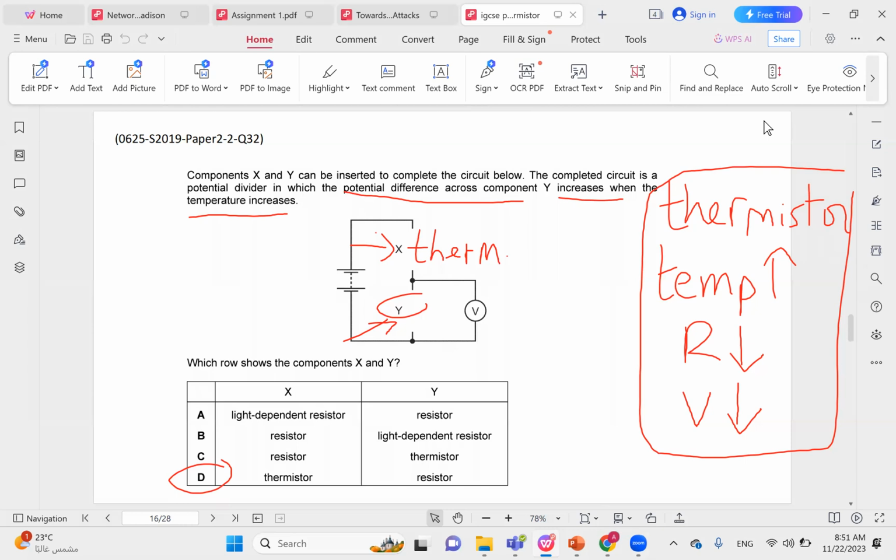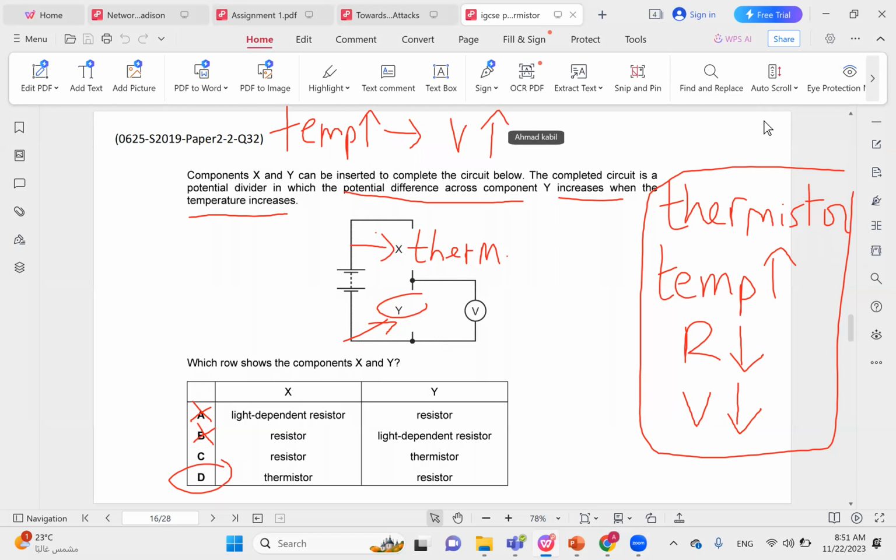We know that A and B are wrong because we're looking for something that involves the thermistor, because it has to react to temperature, not light. But is it C or D? So where should I place each component? Should I place the thermistor in X and the resistor in Y or vice versa? It depends upon the relation that they want. They want temperature increase to result in voltage increase.